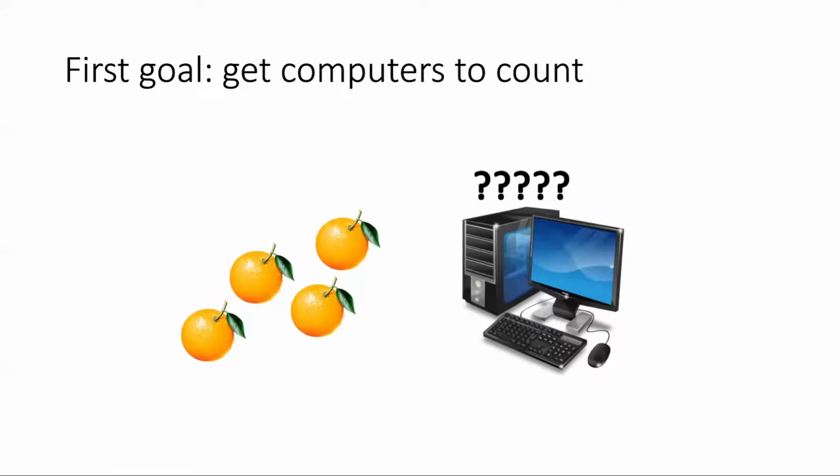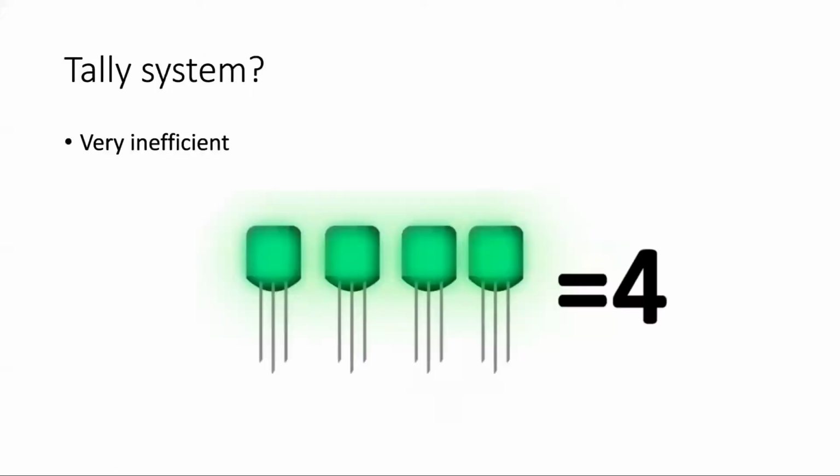So they needed in the first place to represent numbers in the computers. How about using the tally system? In the tally system, we would need many transistors for very low numbers. For example, for representing 4, we would need 4 transistors. This is not efficient at all, not practical at all.